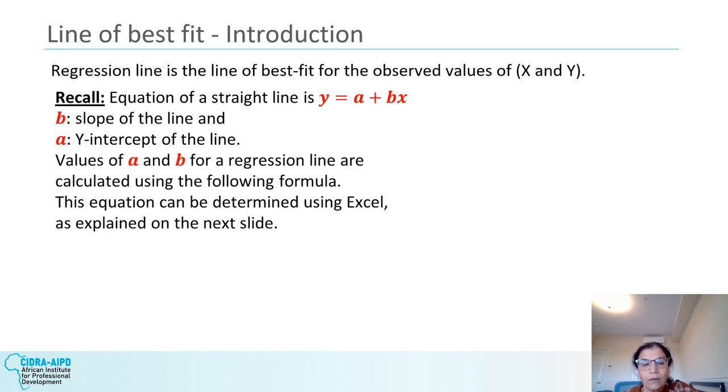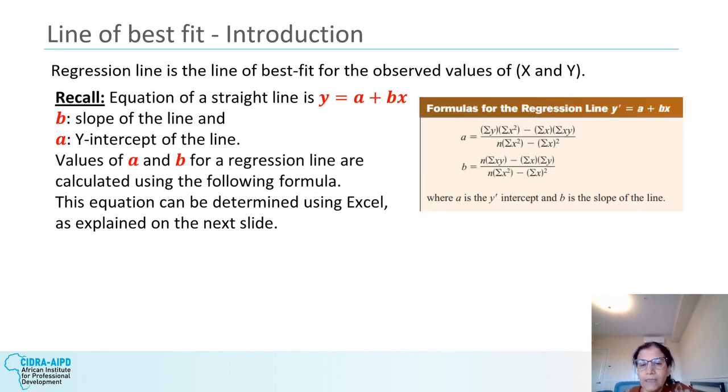Values of a and b for a regression line are calculated using the formula. This equation can be determined using Excel. So what is the formula? It is this one. So you calculate a, calculate b. a is the intercept and b is the slope or gradient.